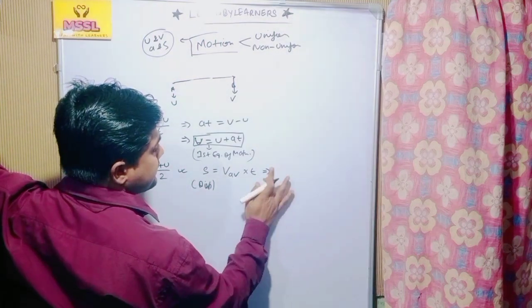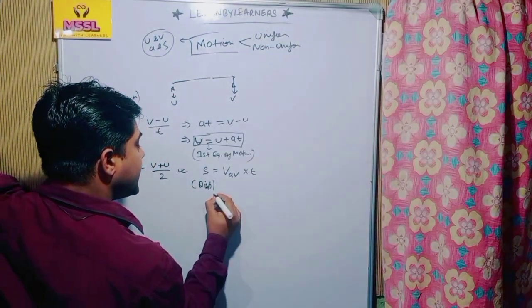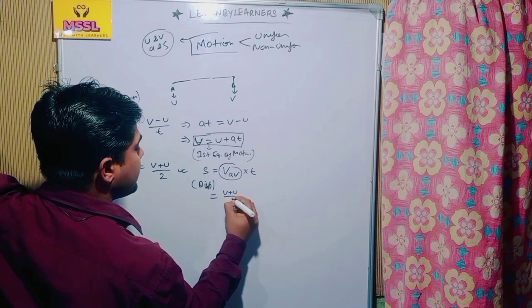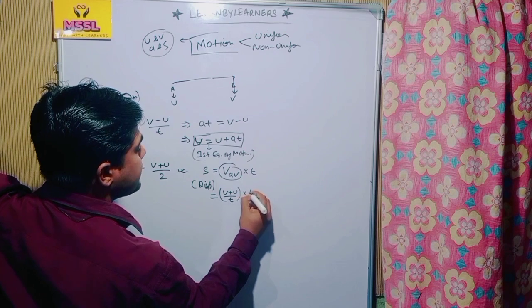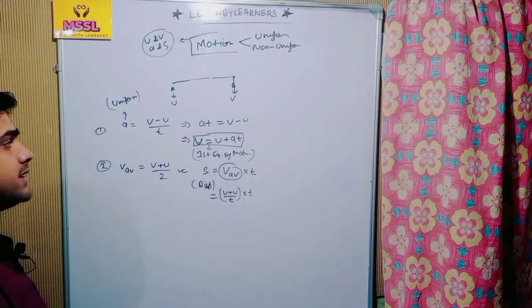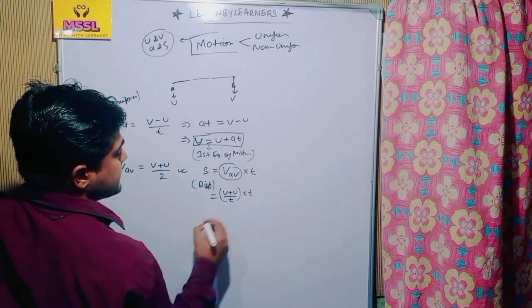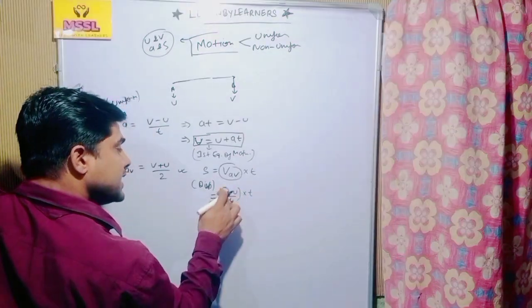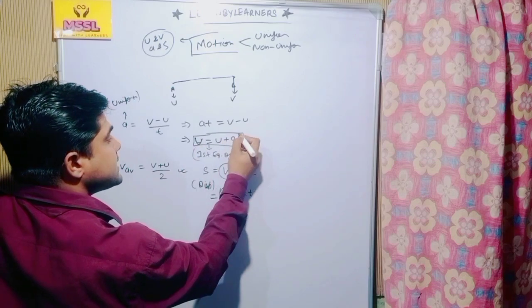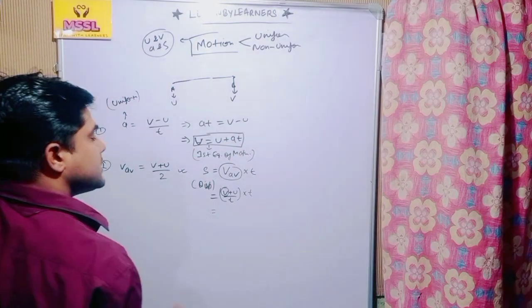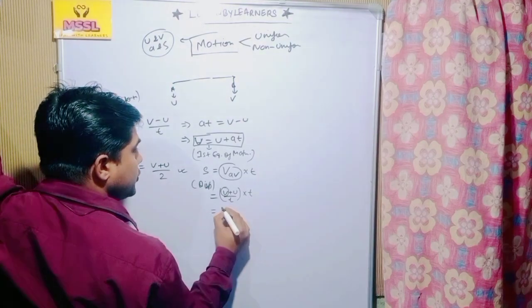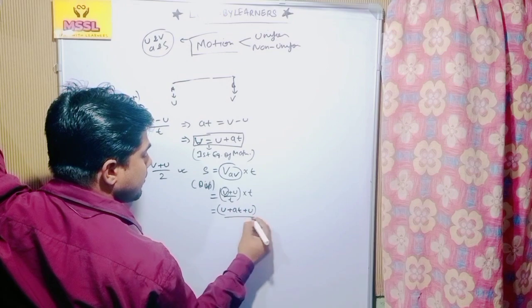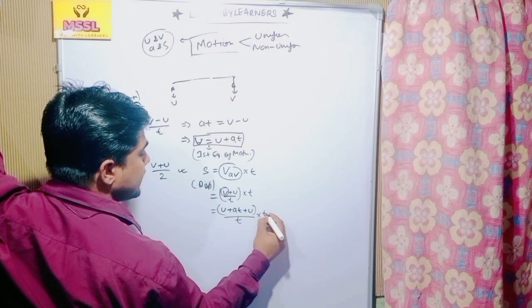From here, can we write this as V plus U by 2 times t, right? And we can replace V with U plus at. So it is U plus at plus U by 2, times t.